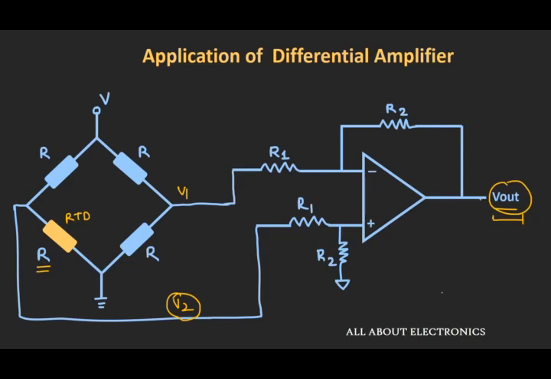Now here the problem with this differential amplifier is that the input impedance of this differential amplifier is very low, and it depends upon the value of this R1 and the R2. So if you see in this configuration, the input impedance that is seen through this end will be equal to R1, while at this end the input impedance is equal to R1 plus R2.